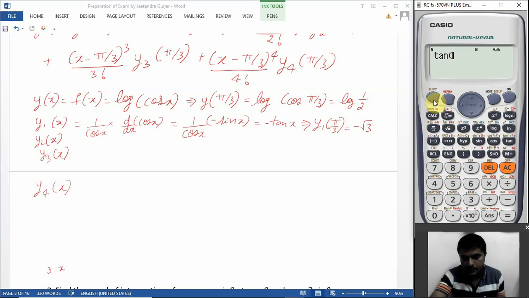Pi divided by 3, bracket complete. So yes, it is 0.01827 it is showing, but it is minus square root 3.